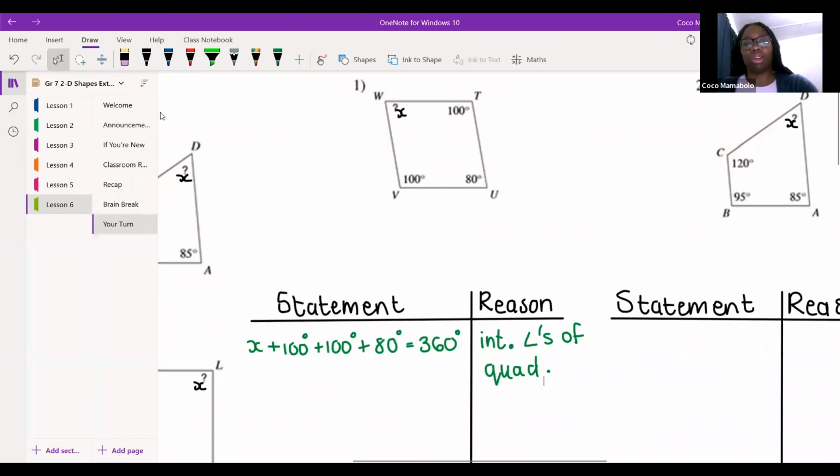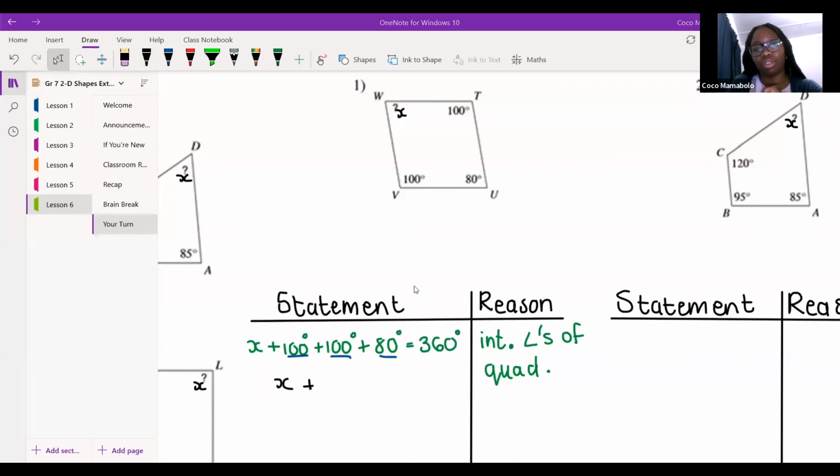Okay. All right. I'm going to finish this one off quickly. As long as the statement and the reason are correct, I know that you guys can do the rest. So I'm going to get 100 plus 100 plus 80. You guys can tell me in the chat, how much is that going to give me? How much is 100 plus 100 plus 80? 280.